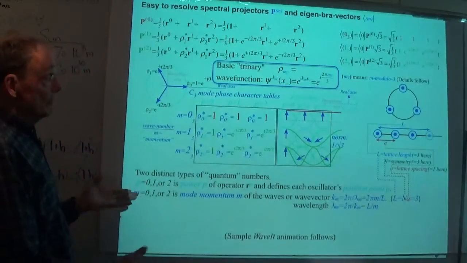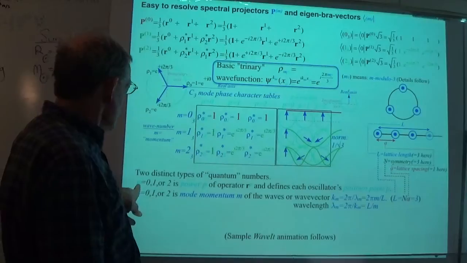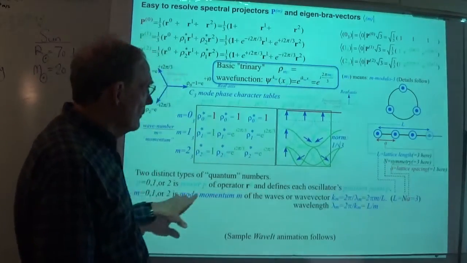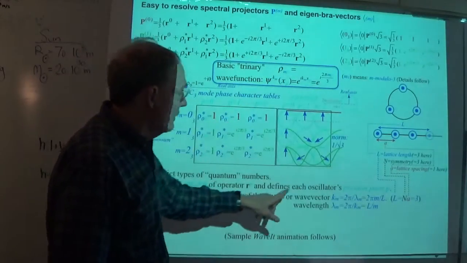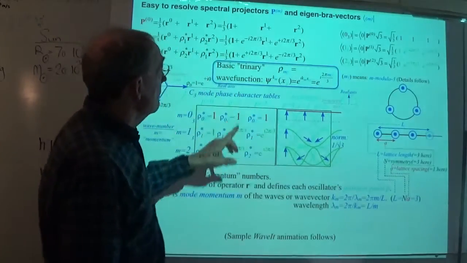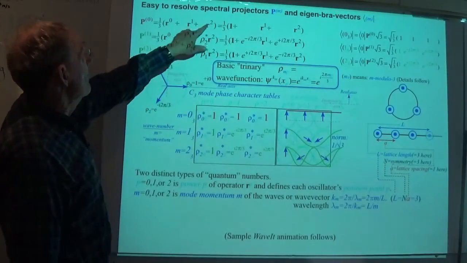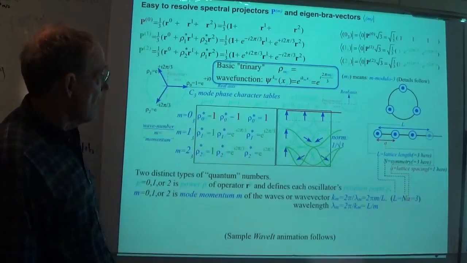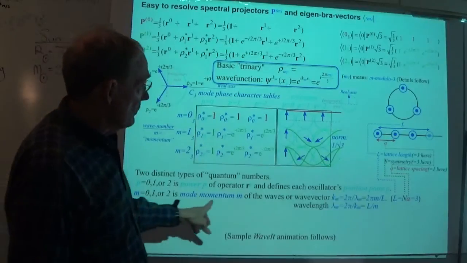Anyway, I'll say something in a minute later. The power of the operator defines the position. That's another reason for using the letter P, because it's the exponent that we put on these operators right here. That's the power number, and then this is the mode number right there on the projectors. And that's what this says.